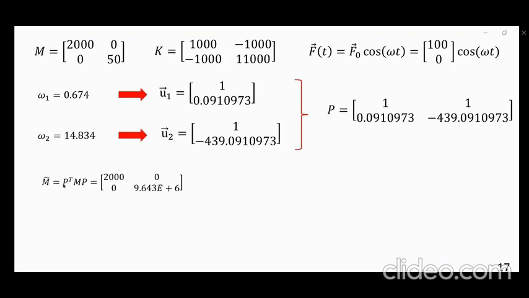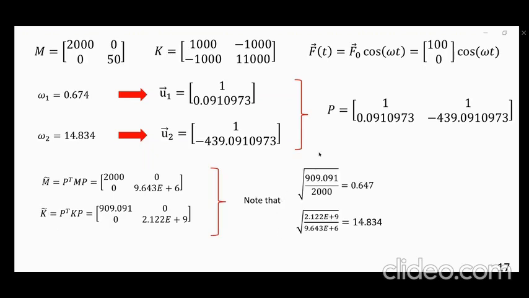If you do the multiplication P transpose M P, it will be diagonal, and P transpose K P is also diagonal. Remember, this M is called the modal mass matrix, and this K is called the modal stiffness matrix. The original M and K are not called modal; they are the mass matrix and stiffness matrix.